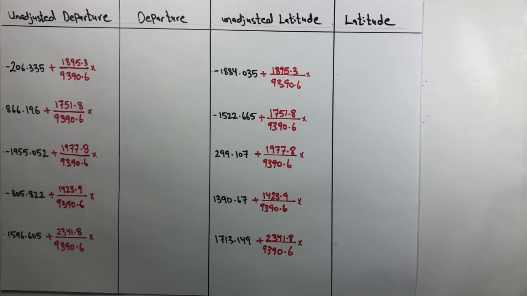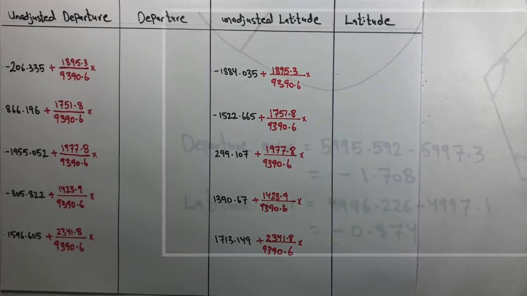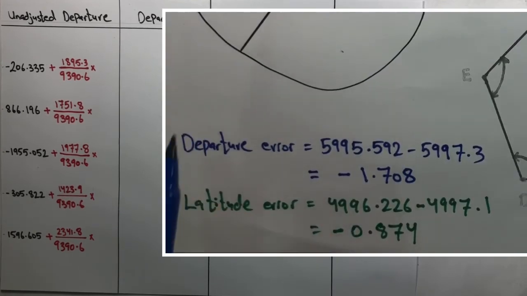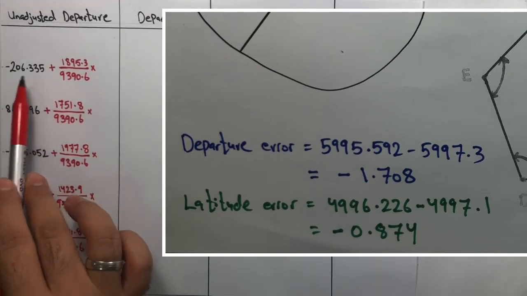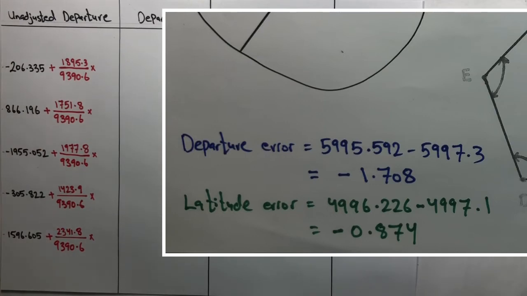Okay, now because our error was negative when we calculated the error in the shown page, that's why we are adding, to get rid of those errors.